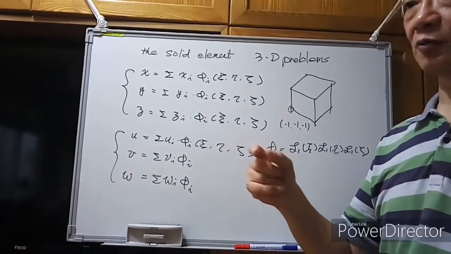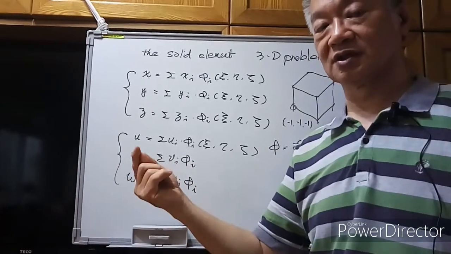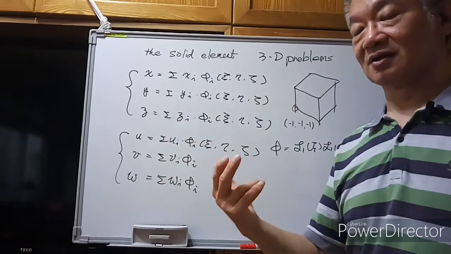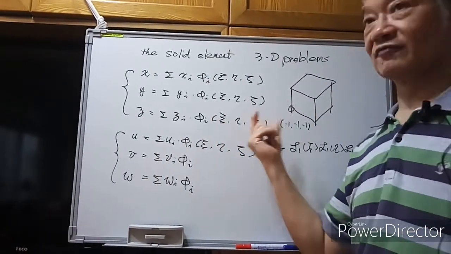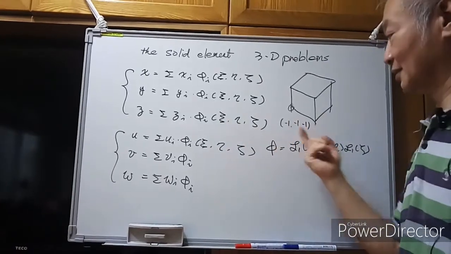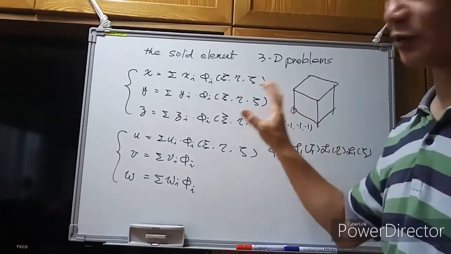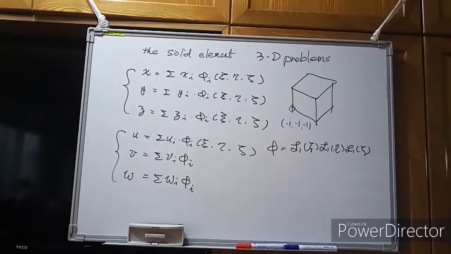But the L1 of xi equal to negative 1 will be the number 1. Okay, it depends on the number of nodal points you use for this element. Then you can derive the corresponding shape functions for all the nodal points.